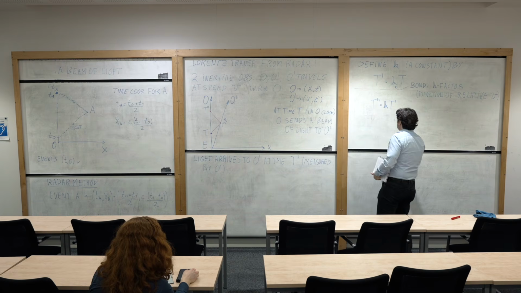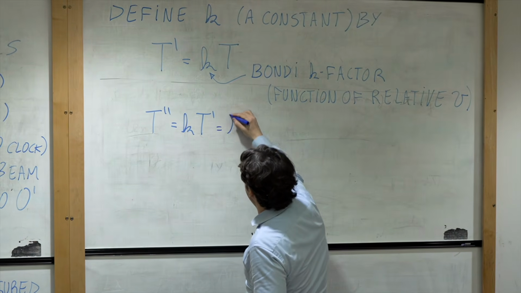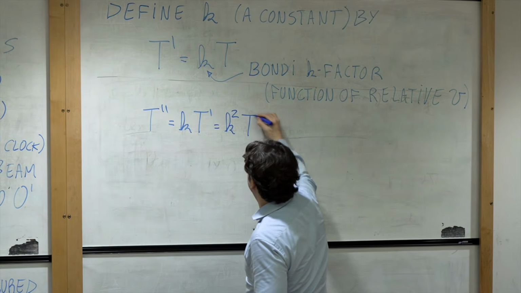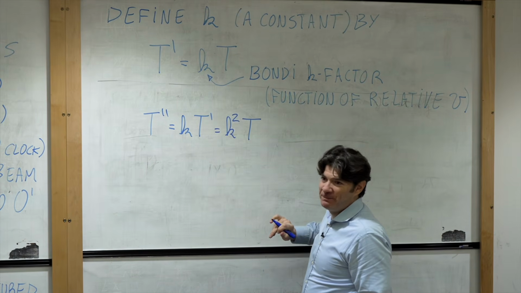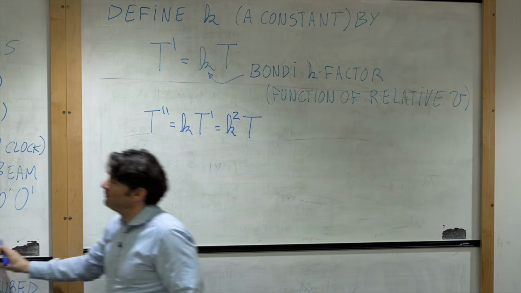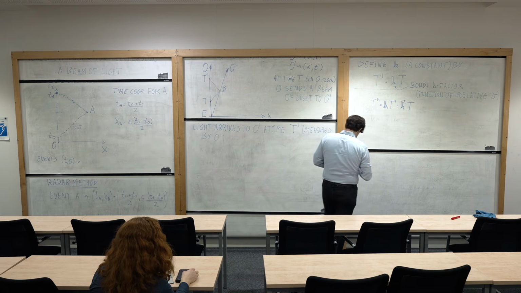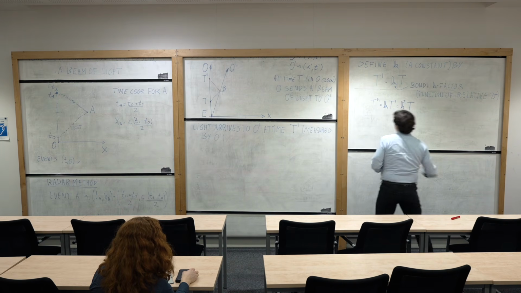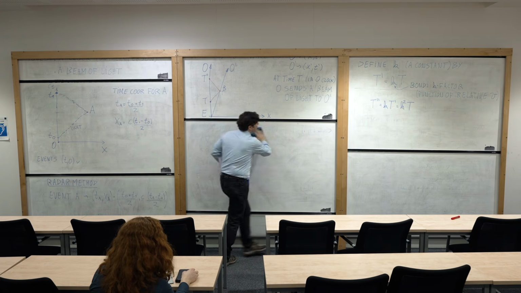Beautiful. So now, notice, by the way, that T prime prime equals KT prime is nothing but K squared T, because T prime was KT. So we deduce something very cool from this, and perhaps let me copy here.